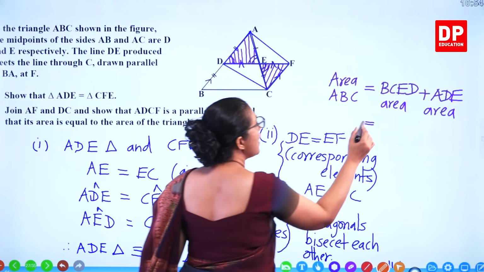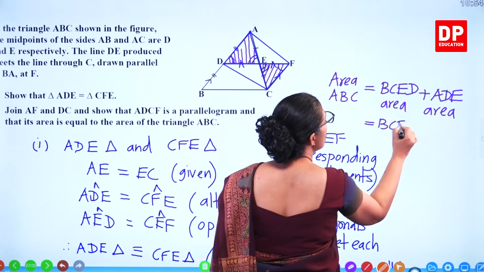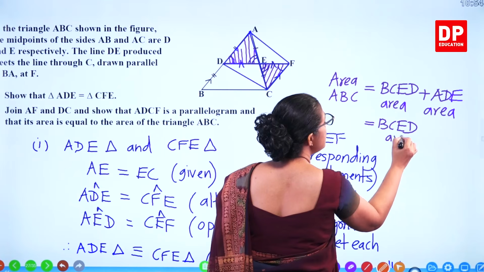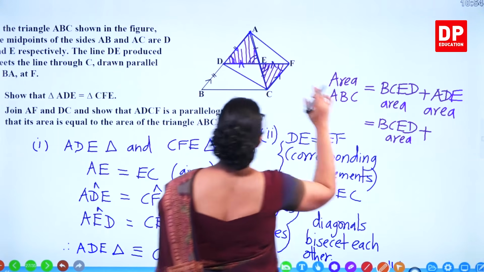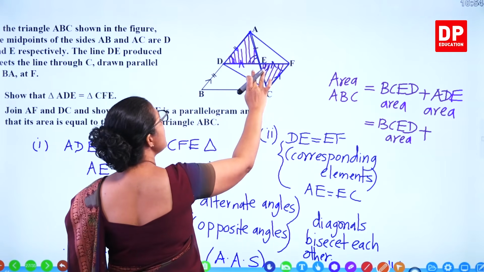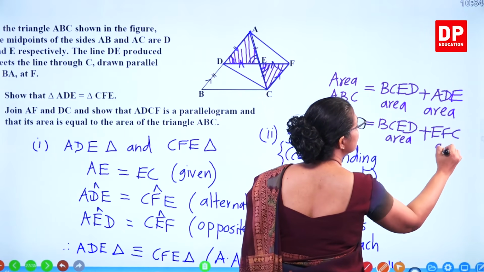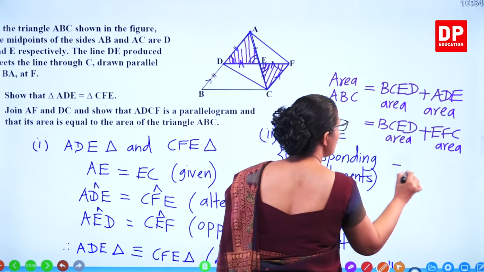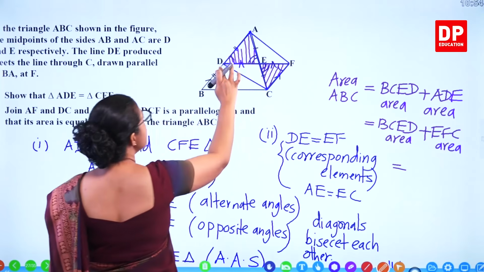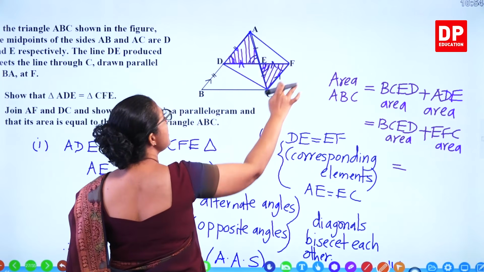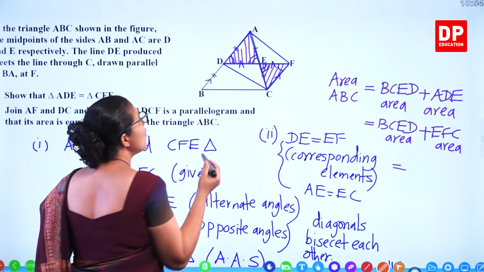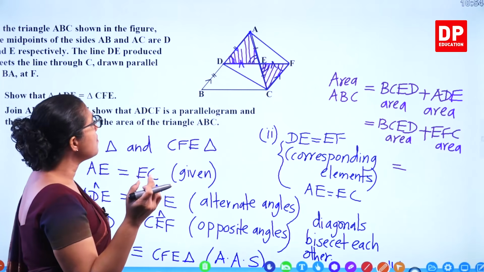Now, instead of ADE, I can write the area of EFC. Now, what do you get here? BCDE plus EFC. Now, you get the parallelogram area.